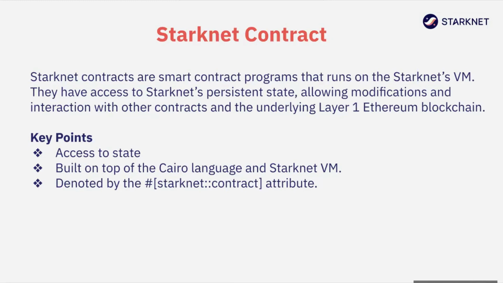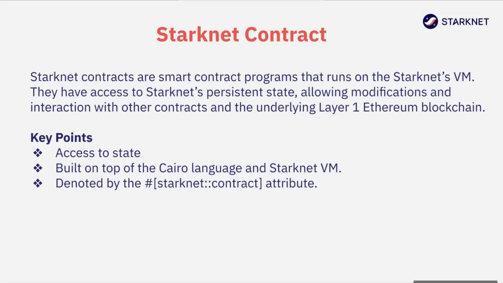Some features StarkNet contracts have: they have access to state. You're going to be deploying the contract on the blockchain, so it has the flexibility of writing to state and reading from state, and also interacting with other contracts or the underlying layer 1 Ethereum blockchain. It is built on top of the Cairo language and the StarkNet VM.